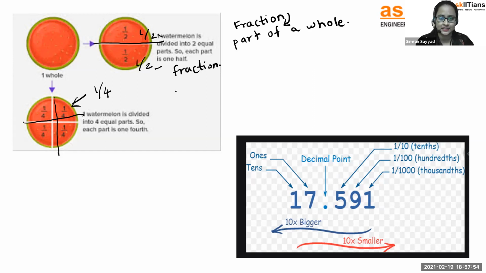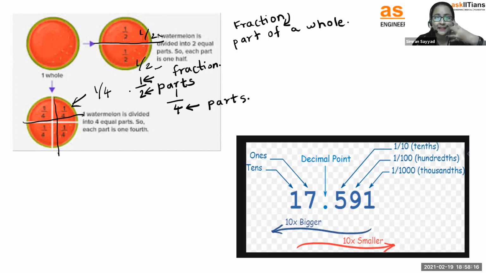If I consider the fraction 1/4, 4 means the parts, how many parts you have made. Similarly, in 1/2, 2 is the parts. In the whole one portion, you are making 2 parts, or 4 parts. That's all about fractions.